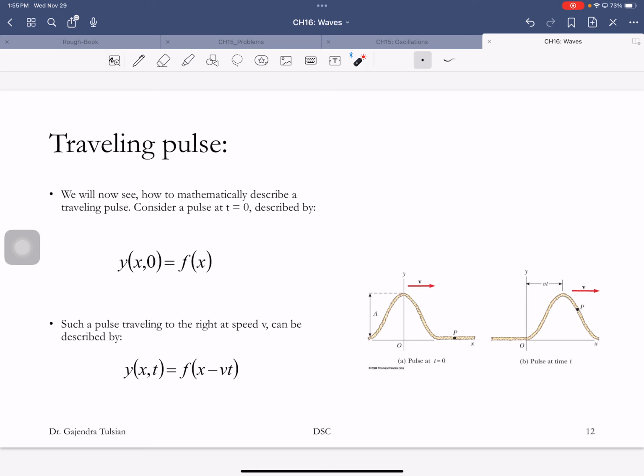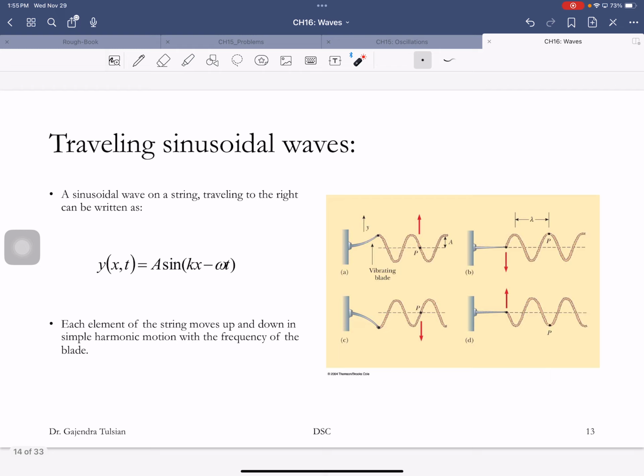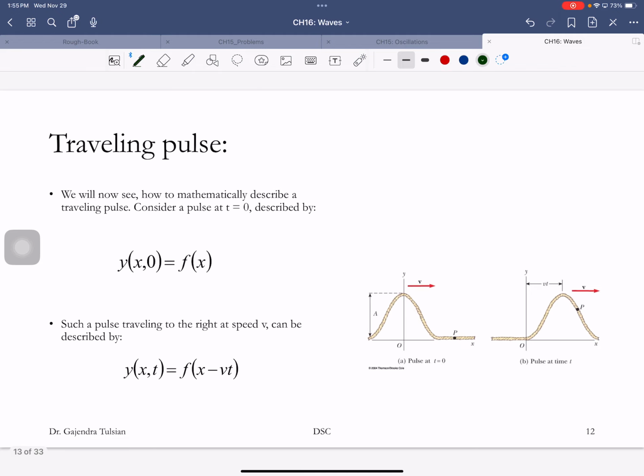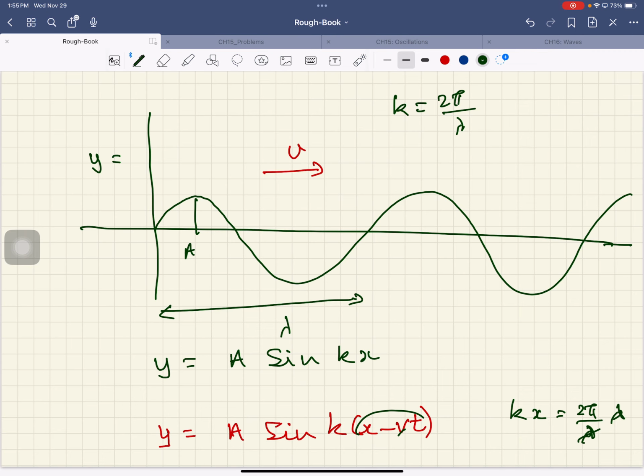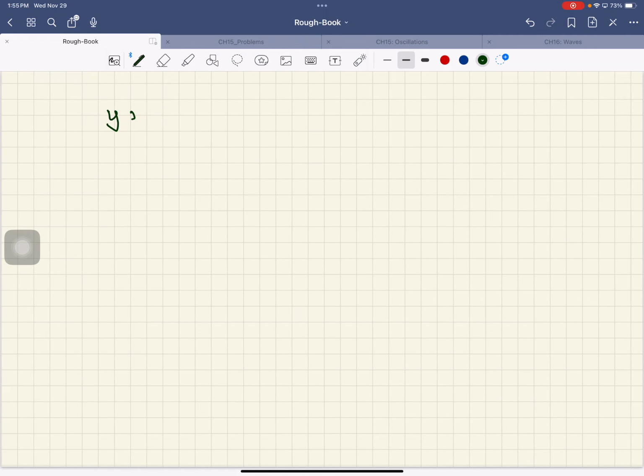Here's a pulse traveling to the right. Now let me make sure we understand this portion. I'm going to show that this is a wave traveling to the right. As our friend just said, this is a wave traveling to the right, so y(x,t), now a function of x and t, is A sin k(x − vt).